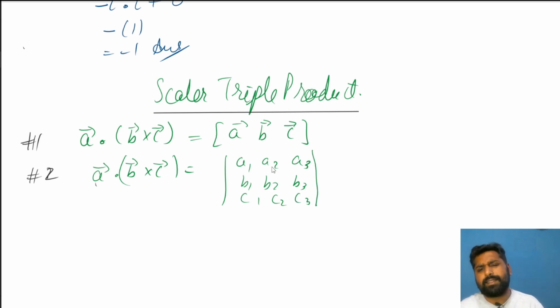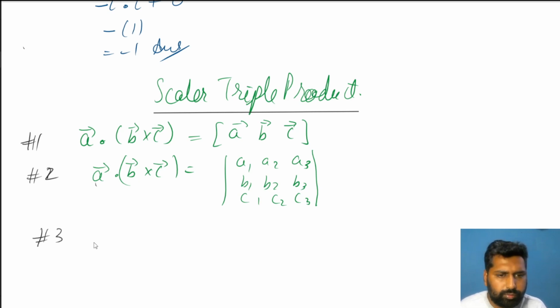Now you can see why this is lengthy to actually calculate, because you have to open a determinant properly with values. So in order to calculate, we write the components of A first, then B, and then C.